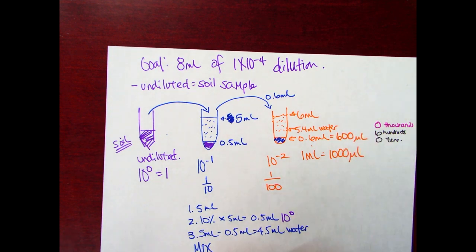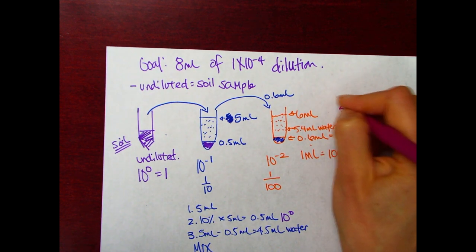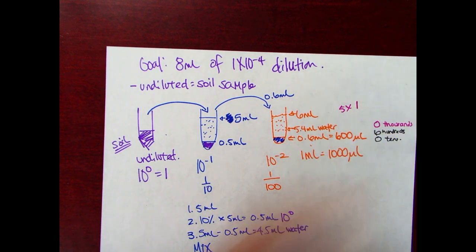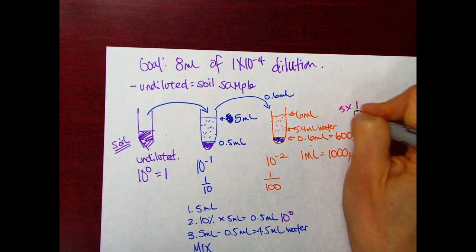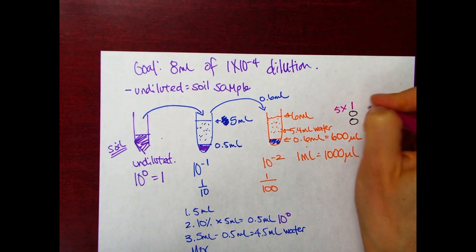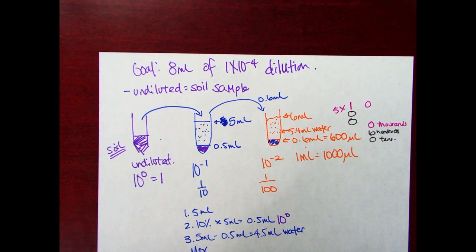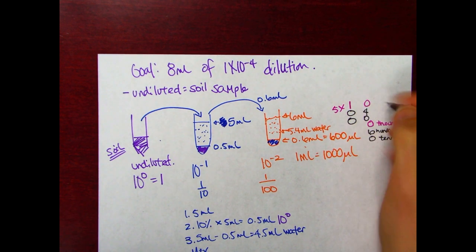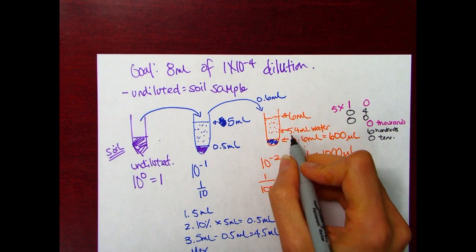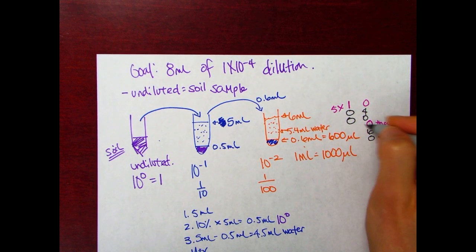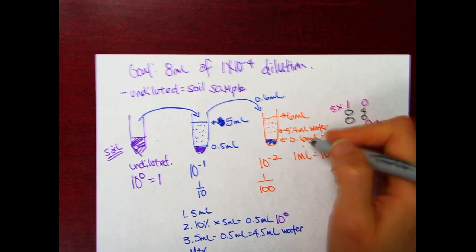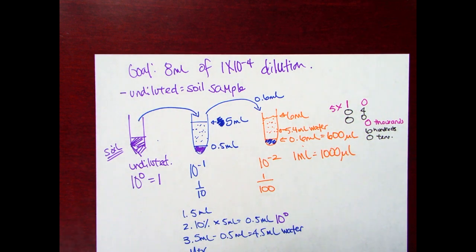For the 5.4 mils, you're going to have to do 5 times 1,000, and then 1 times 0.400. So this will get you the 5,000 microliters, that is the 5 mils, and then this will get you the 400 microliters, that is the 0.4 mils.